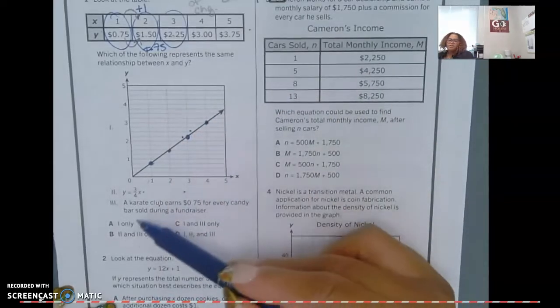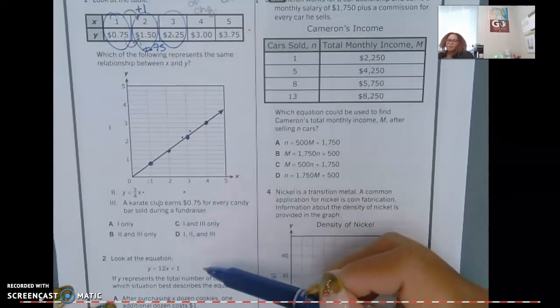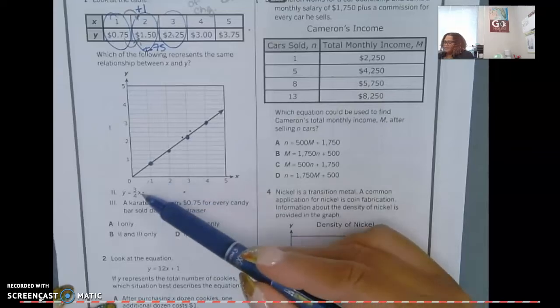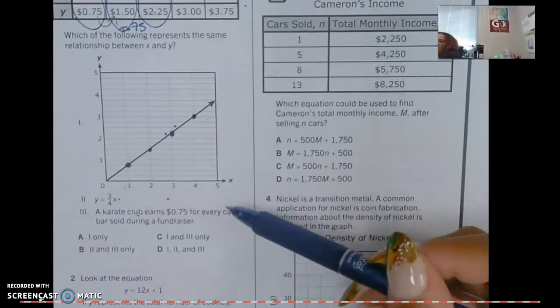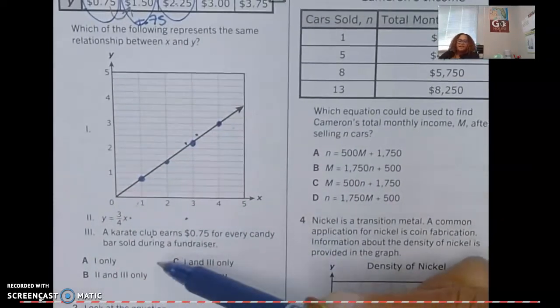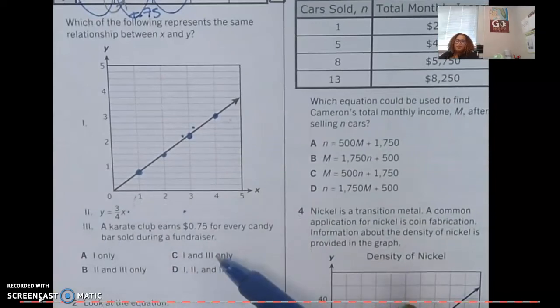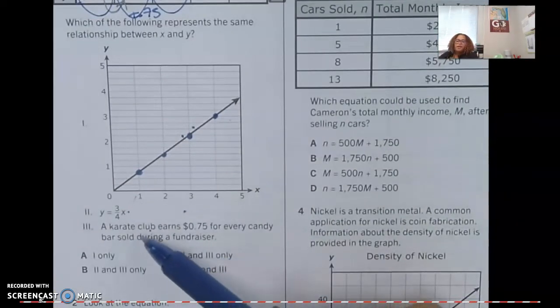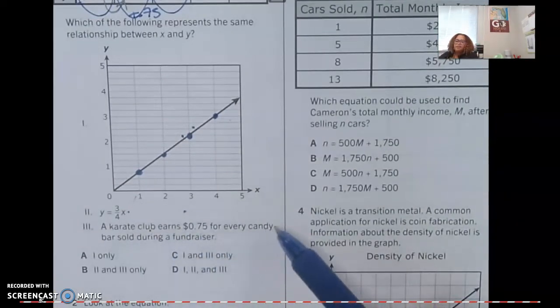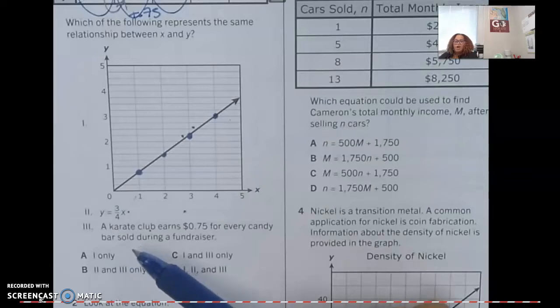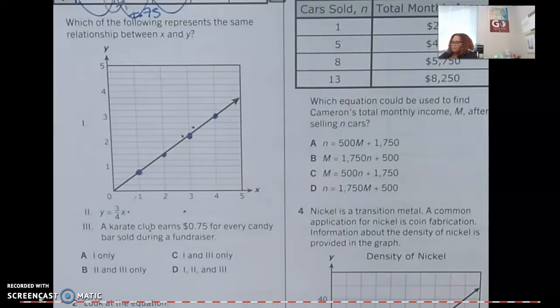If they do match, then they're a part of my answer, and I need to choose the appropriate answer that shows it. If this does match the equation, y equals 3/4 x, then I need to choose that as part of my answer. And if a karate club earning 75 cents for every candy bar, or each candy bar sold during the fundraiser, then that needs to be chosen for my answer.